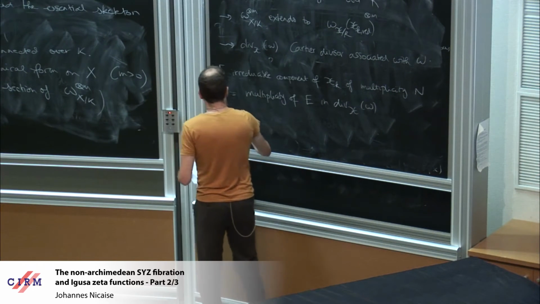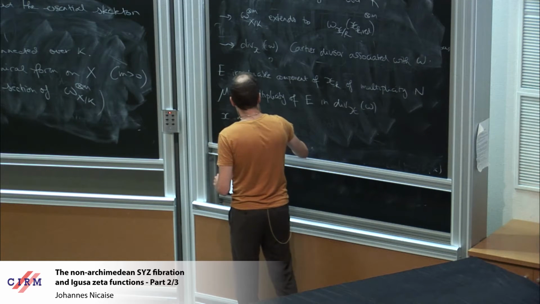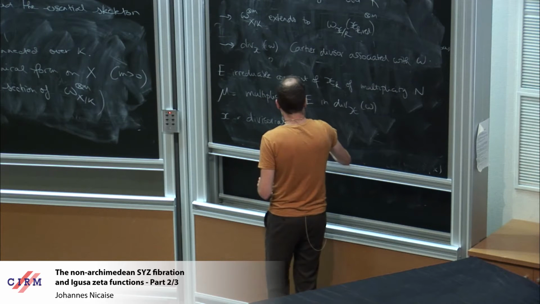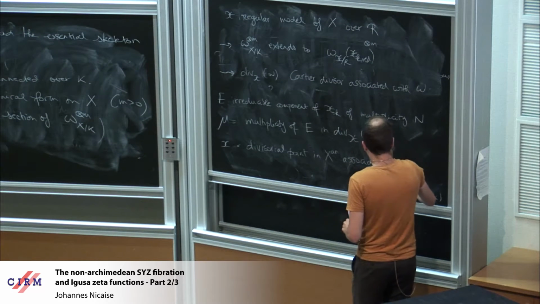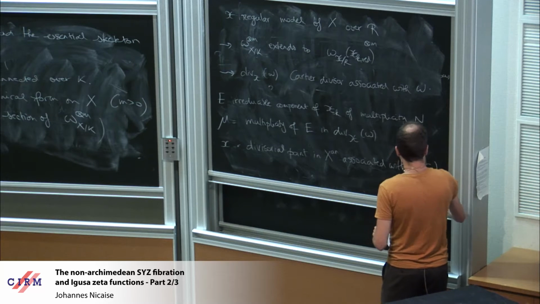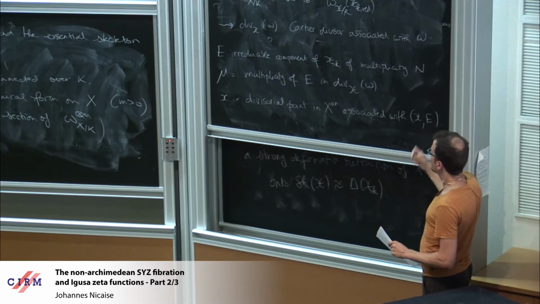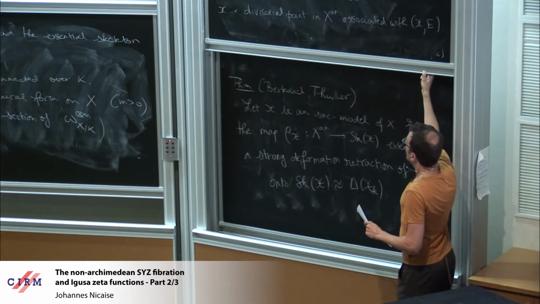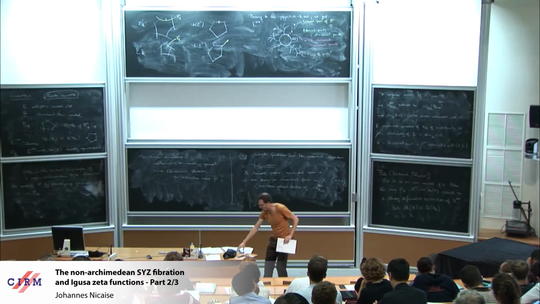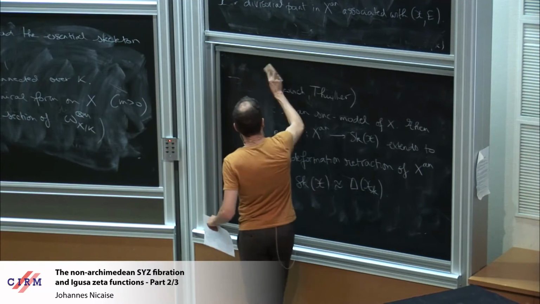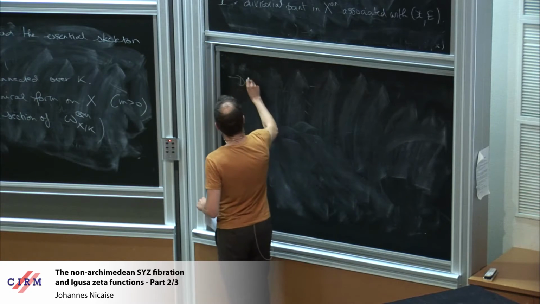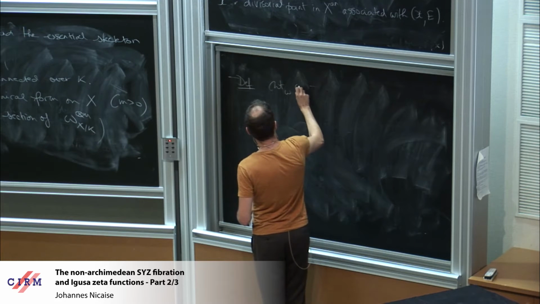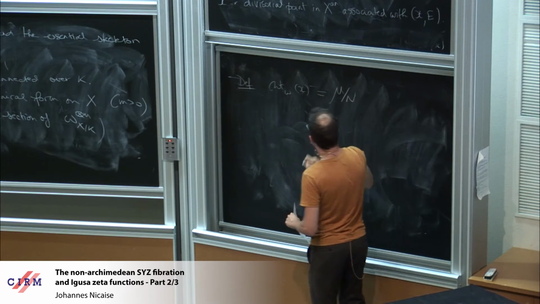And x is the divisorial point in X^n associated with curly X and E. Okay, so the rescaled divisorial valuation induced by E. Then we can define the weight of omega at this point x as the quotient mu divided by n.